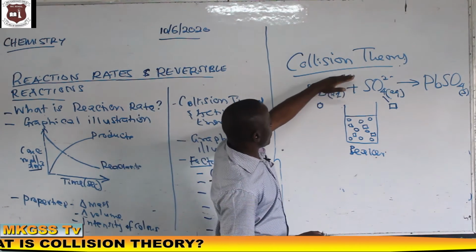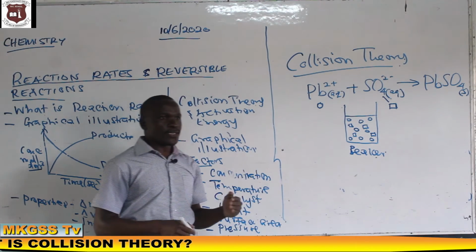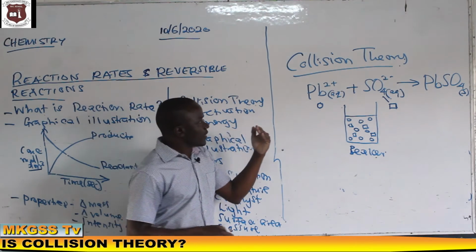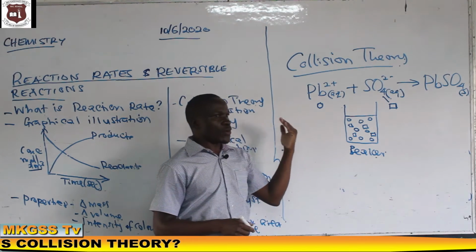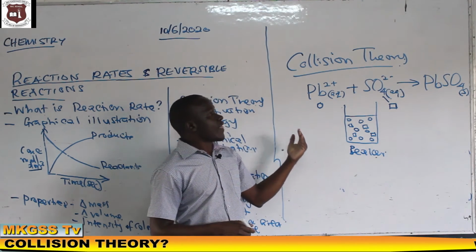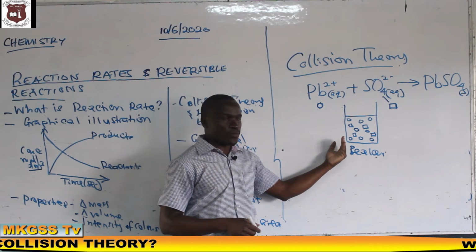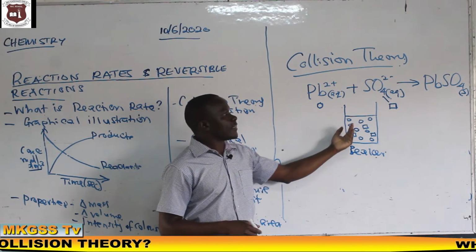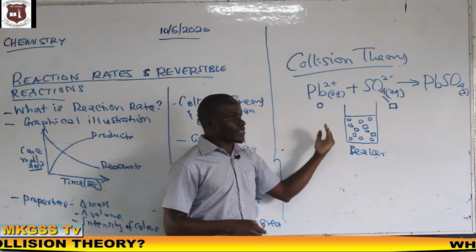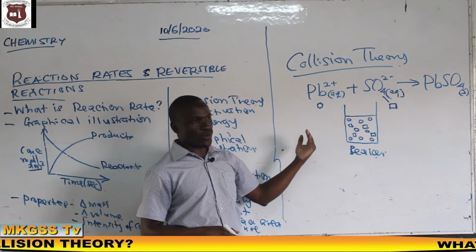So to summarize what collision theory states, when reactants combine, they must collide. And for the collision to lead to formation of the products, there has to be some minimum amount of energy for those particles to collide.